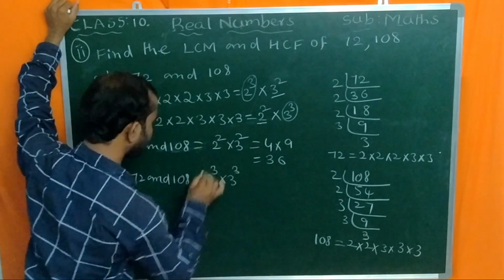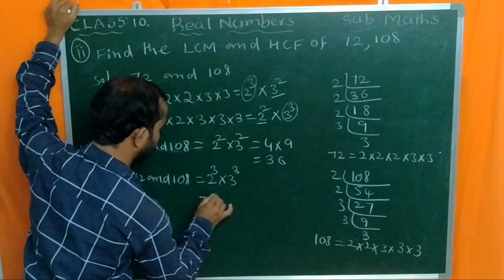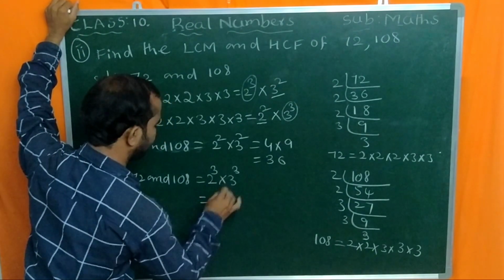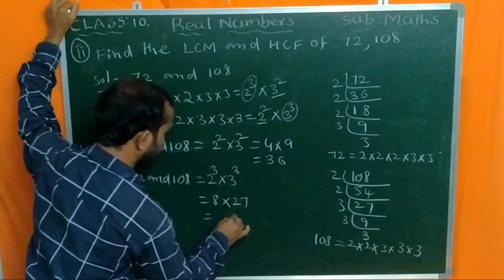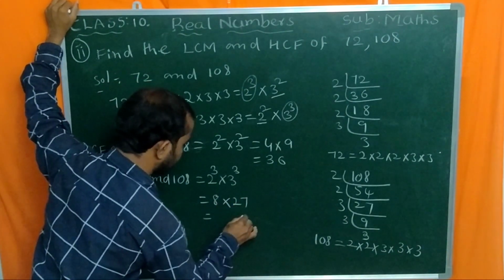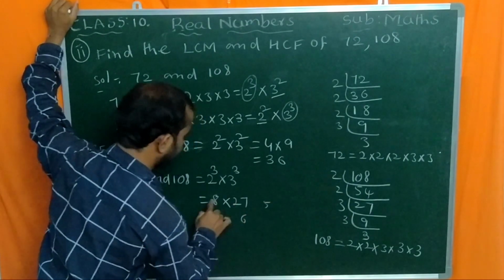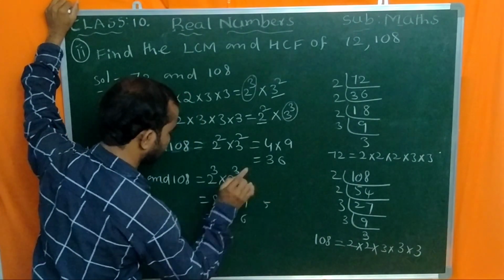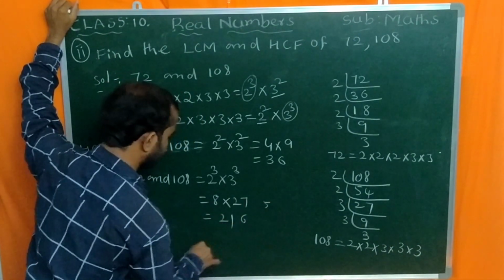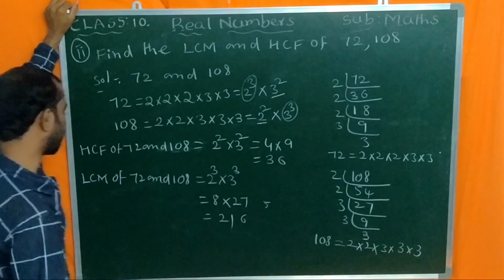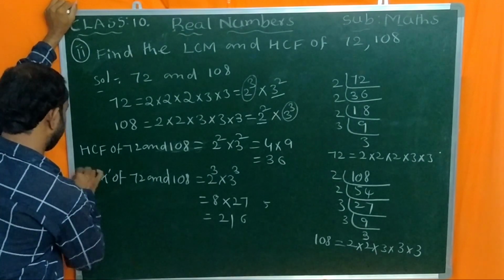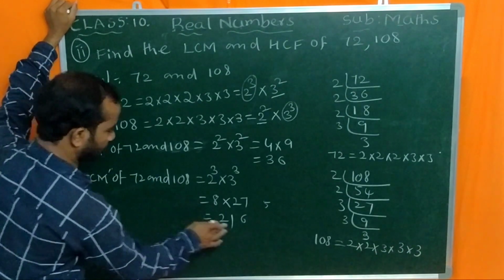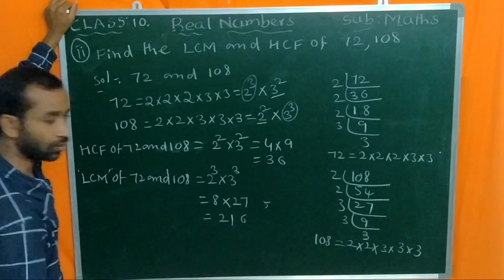So 2 power 3 is 8, and 3 power 3 is 27. 8 times 27 is 216. So LCM of 72 and 108 equals 216.